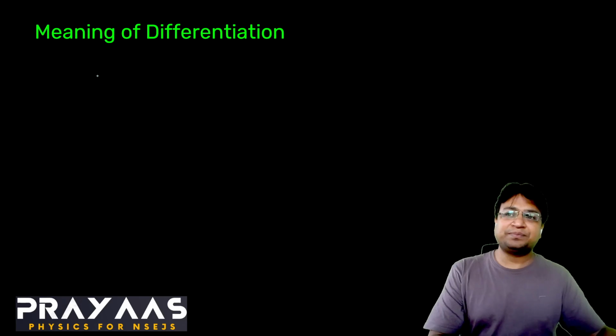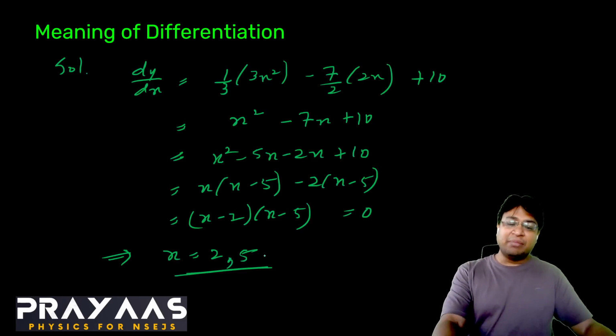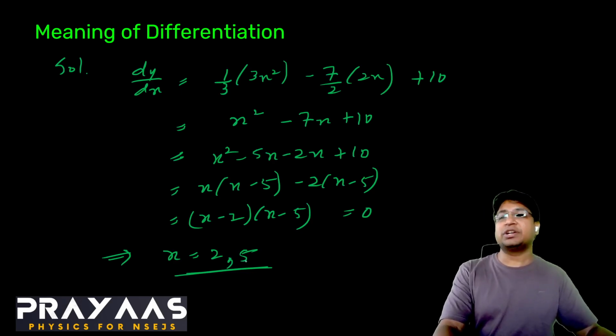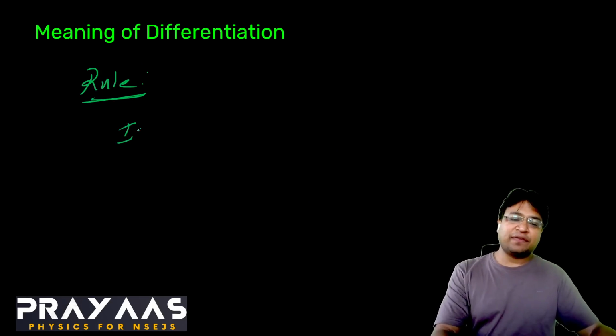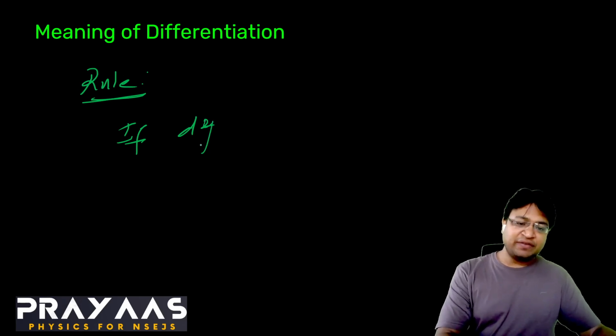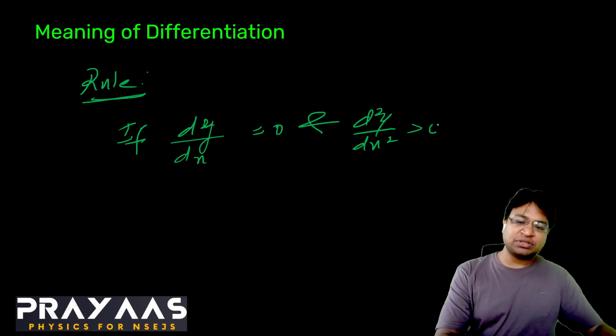Now, I'm telling you a rule to identify maxima and minima. Once you have found the critical points, I'll tell you how to identify which one would be maxima and which one would be minima. If the first derivative is zero and the second derivative is positive, then it's a minima.